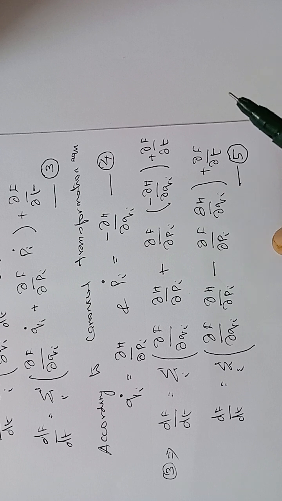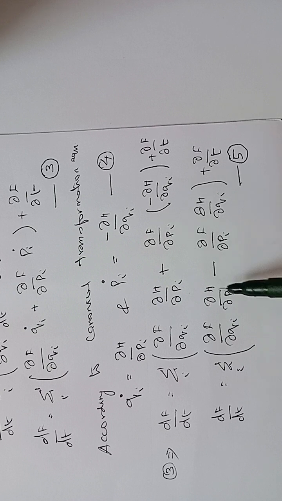Now you refer to equation 1. What is equation 1? The Poisson bracket of f comma g equals the summation over i of dou f by dou qi dou g by dou pi minus dou f by dou pi dou g by dou qi.